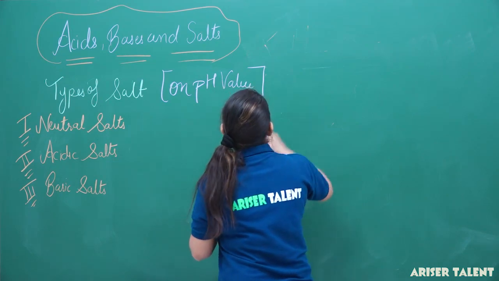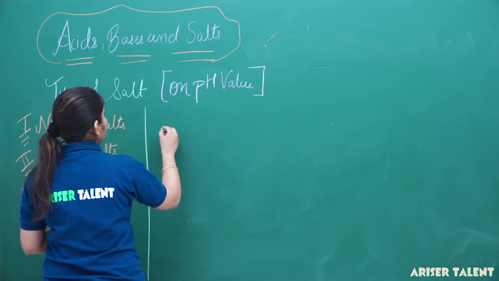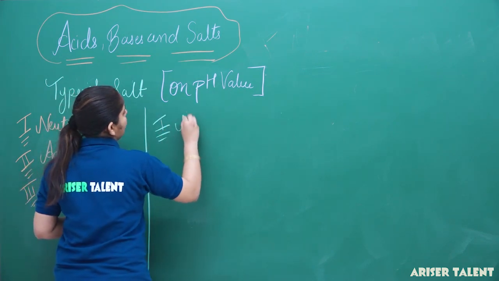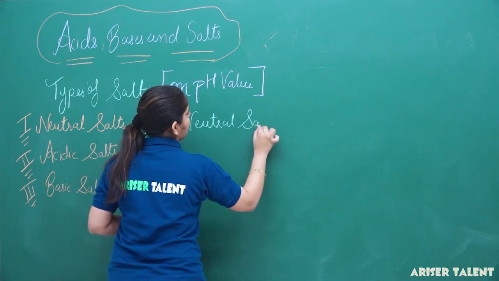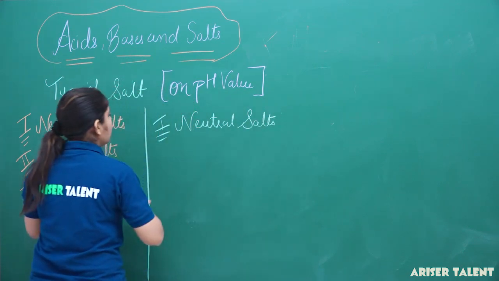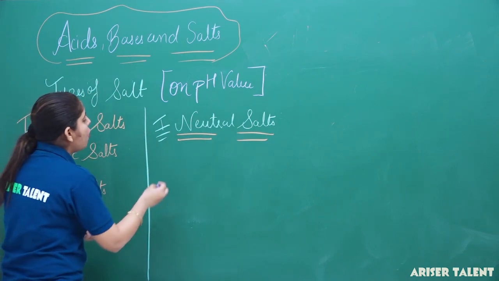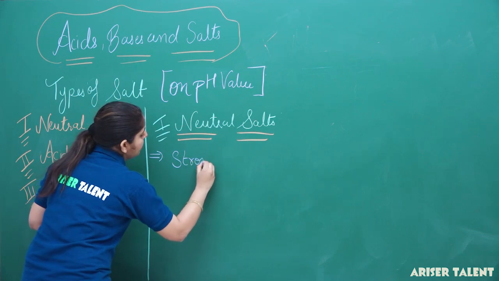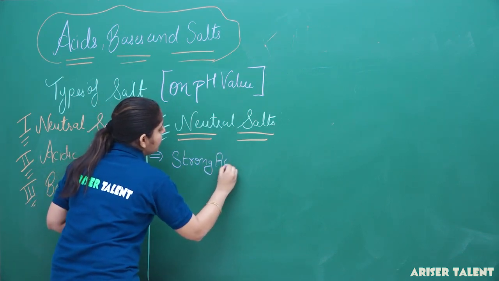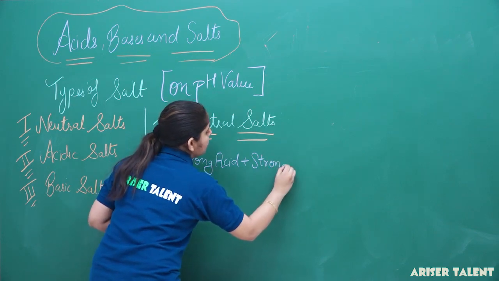So our first category is neutral salts. So what it will consist of, neutral salt will be manufactured by having one strong acid react with a strong base.